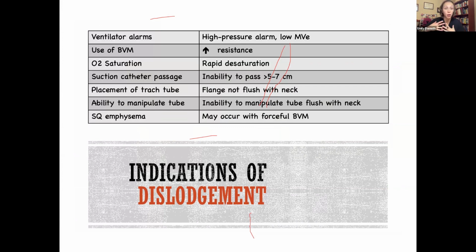And if you ever start to see swelling, that crepitus or that subcutaneous emphysema building up, you want to stop. The patient will rapidly desaturate, clearly, because their airway is not being utilized. You're not oxygenating them. And usually the trach tube wouldn't be totally flush with the neck, although I don't think that's a completely reliable way of figuring this out. But you just want to stop.